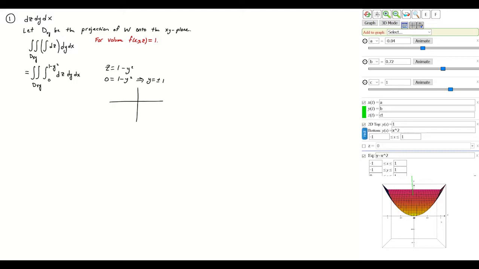So in the xy plane, we've got this line here, y equals 1, and y equals -1. Okay. And then we would also graph the equation y equals x squared.